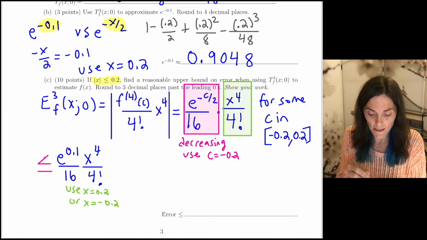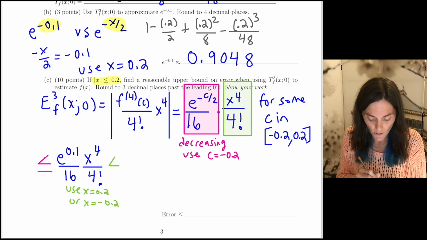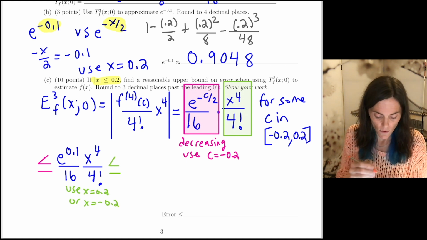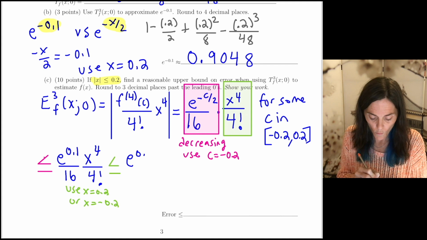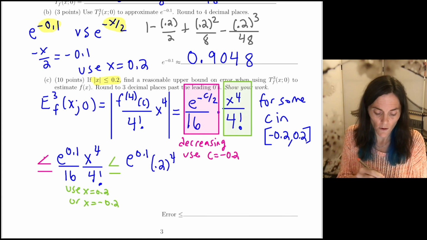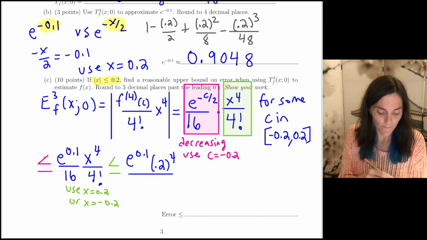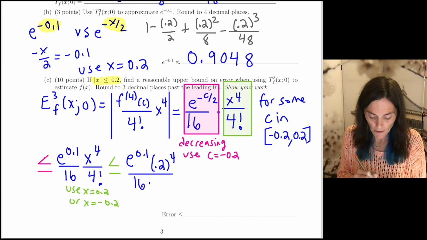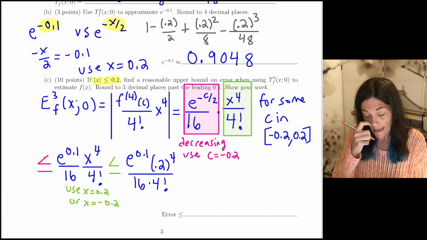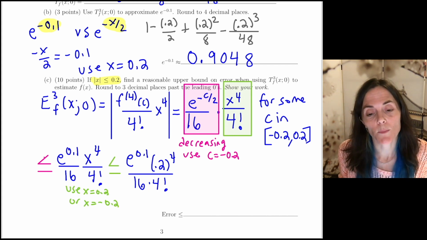So we have this second less than or equal to in my two-step process will be e to the 0.1, and then we have 0.2 to the fourth power divided by 16 times 4 factorial. Now, what happens when you put this in your calculator?